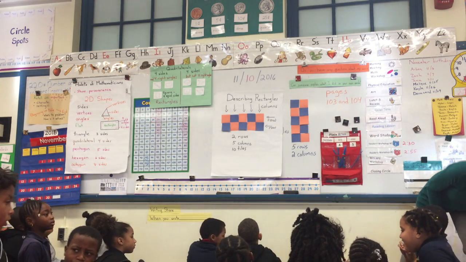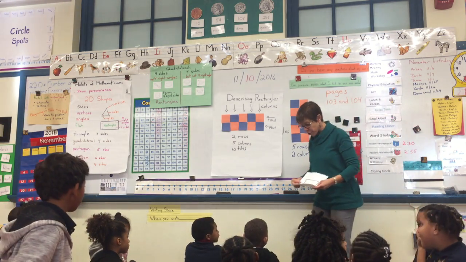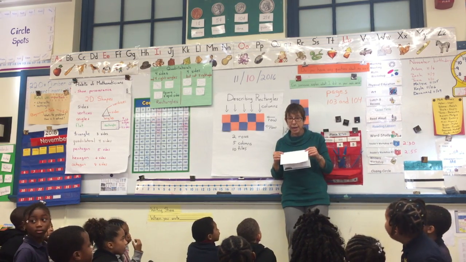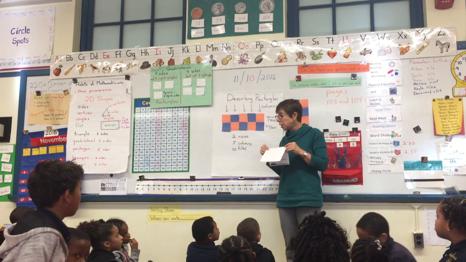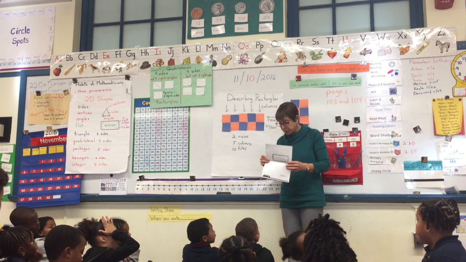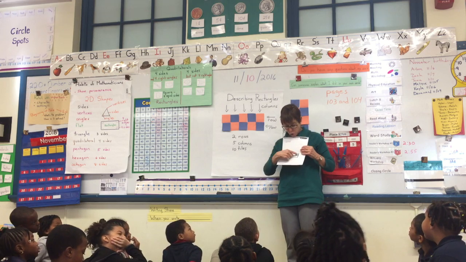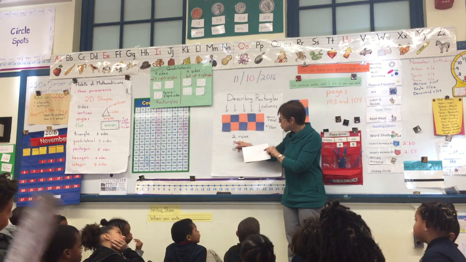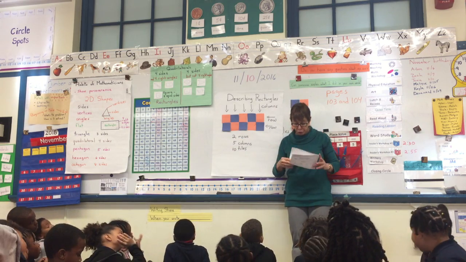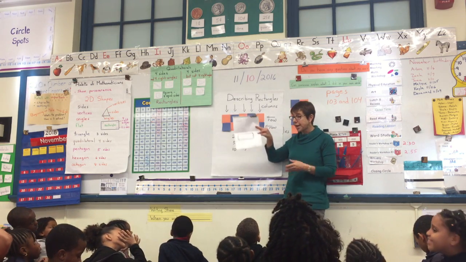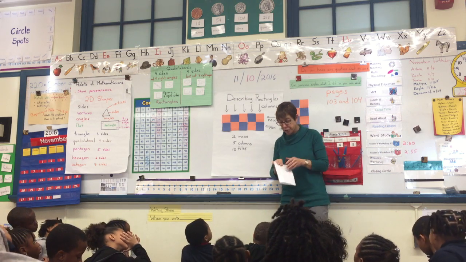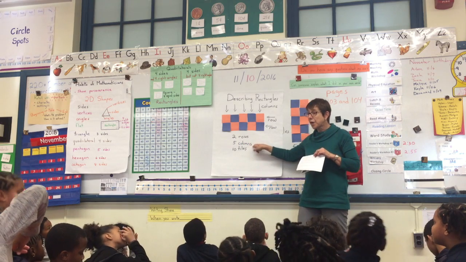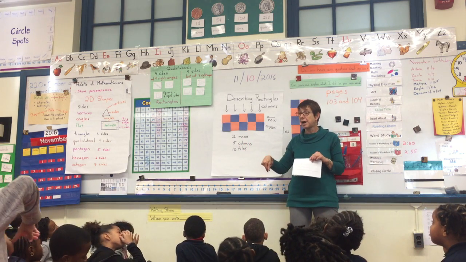Today at math, after our number talk, you are going to be writing a rectangle riddle of your own. On this paper, you're going to be drawing a rectangle. On the front, you would be writing just what I wrote. My rectangle has 2 rows, 5 columns, you could say 10 tiles.